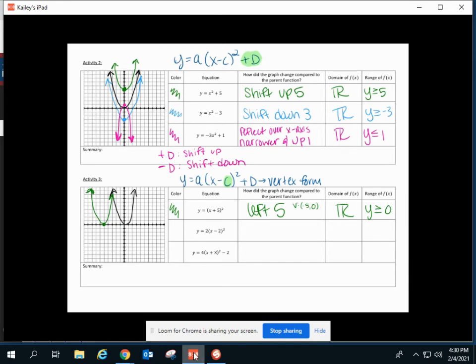Okay, then we've got the next one. It changes to a minus in the parentheses, but there's a 2 out in front, so it's going to do 2 things, okay? So this one has an A value of 2. It's got a 2 in the front. Do you want me to say 2 again? 2, okay.